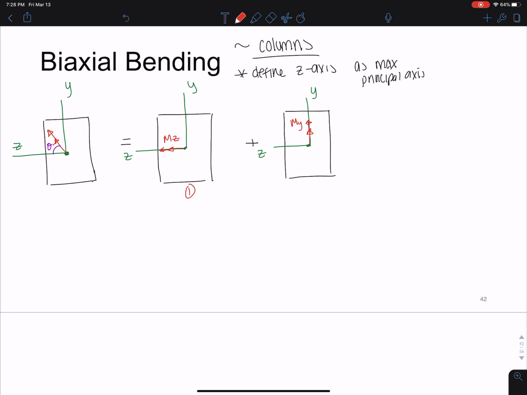So this is 1 and 2. And my Mz is just M cosine theta. My My is M sine theta.